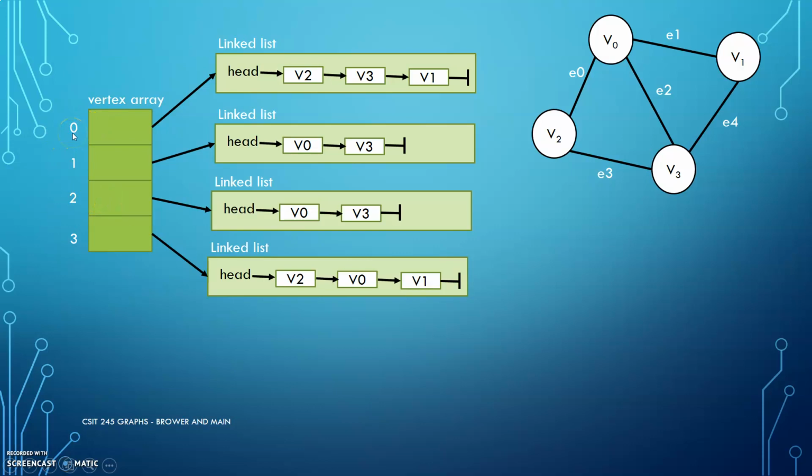So element 0 is for vertex 0, element 1 is for vertex 1, element 2 is for vertex 2. If the question is asked of vertex 2, is vertex 1 adjacent, we would just go here, look at the linked list, and see that it is not adjacent because it's not in the adjacency list. So these are questions made of graphs from a node's perspective.